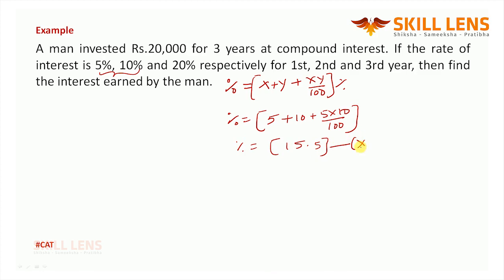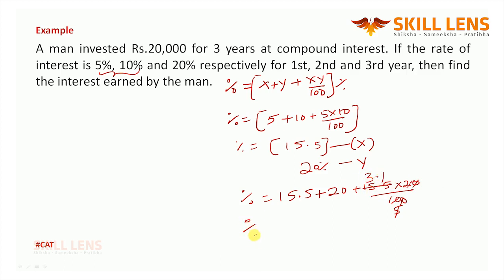Now this will become your x. What is y? The other value, which is 20%. Now substitute the values: 15.5 plus 20 plus 15.5 into 20 divided by 100. You should be smart when you are calculating this. So the percentage here is 15.5 plus 20, which is 35.5, plus 3.1. So I can say this is going to be what?